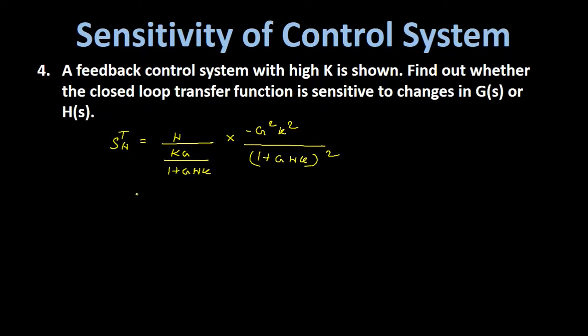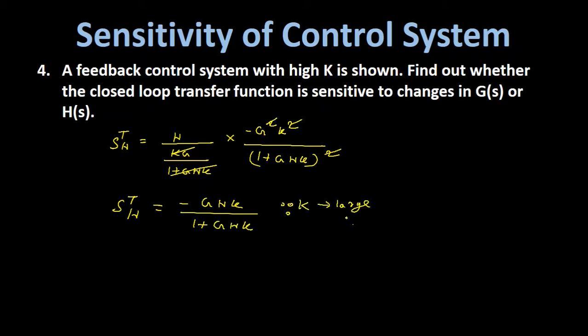Now we are getting this equation for the sensitivity of T with respect to H. We can cancel this KG with this K and G, and this 1 plus GHK cancels with this 1 plus GHK, and we get the sensitivity of T with respect to H equal to minus GHK divided by 1 plus GHK.